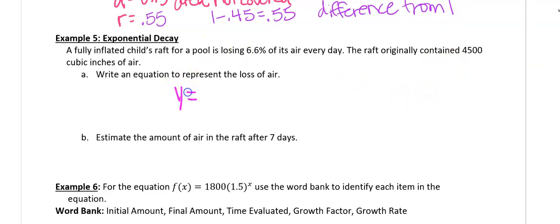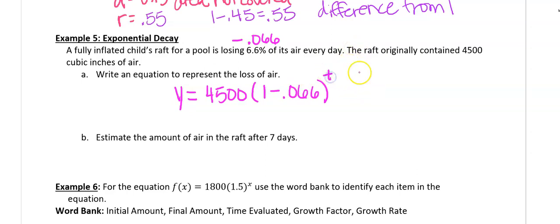So you have y equals A. What is our initial value? 4,500 times, it's losing, so that's going to be a subtract, the 6.6%, and I have to convert that to a decimal. So that's 1 minus 0.066 to the t value.